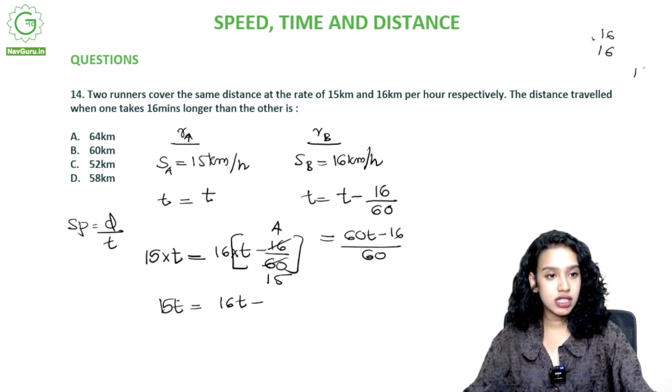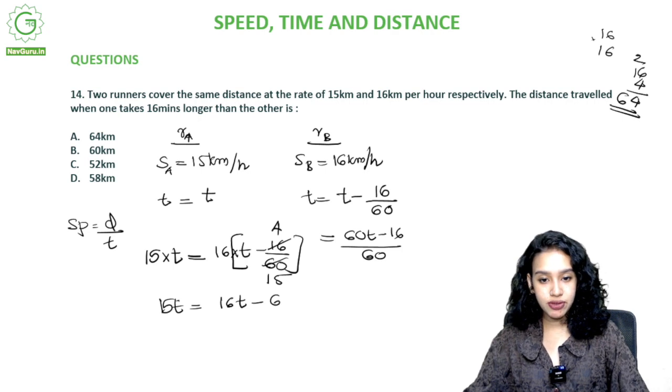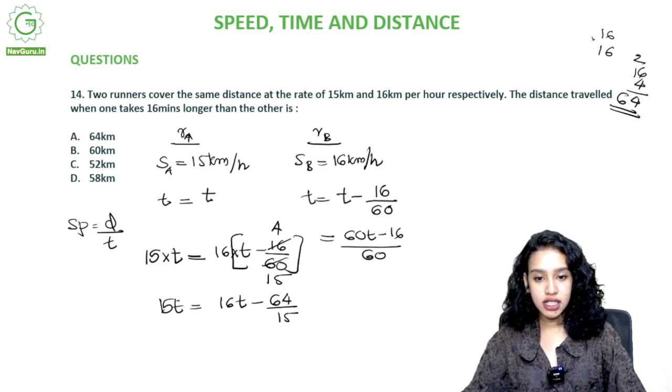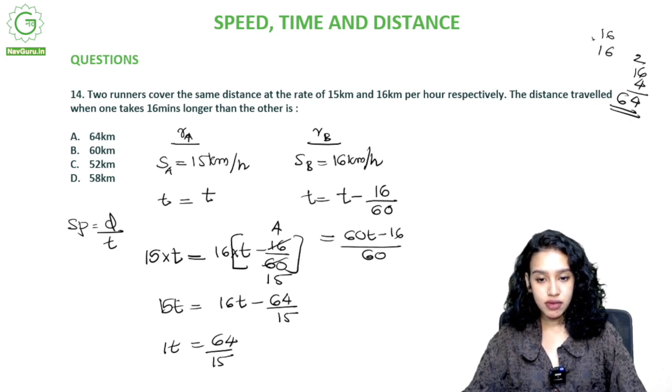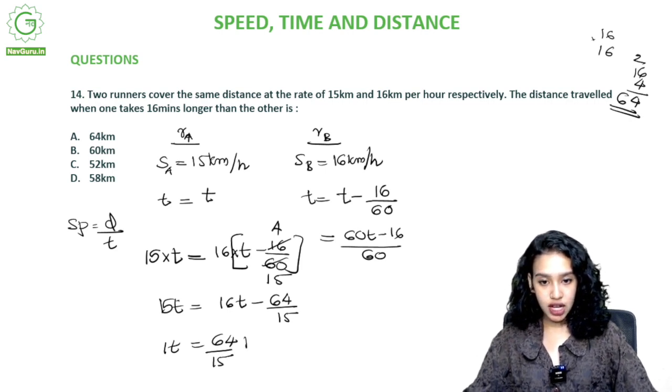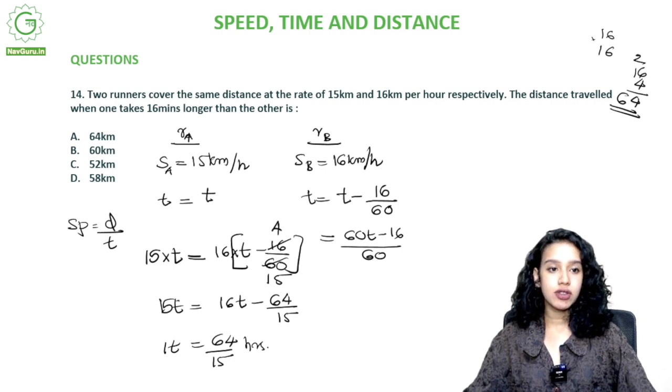So we could do 16 into 4, we get 64 by 15 here. Right? So let's take this here and there. So we'll get 16T minus 15T, which is 1T, is equal to 64 by 15 hours, right?